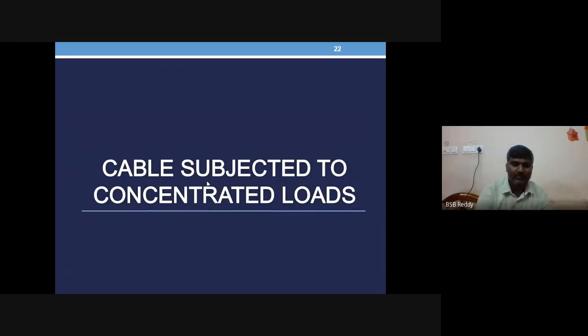So, last session we talked about this cable subjected to concentrated loads, how you plan for analysis, means how you find the geometry of the cable as well as the force unknowns, which means both internal forces and external forces.